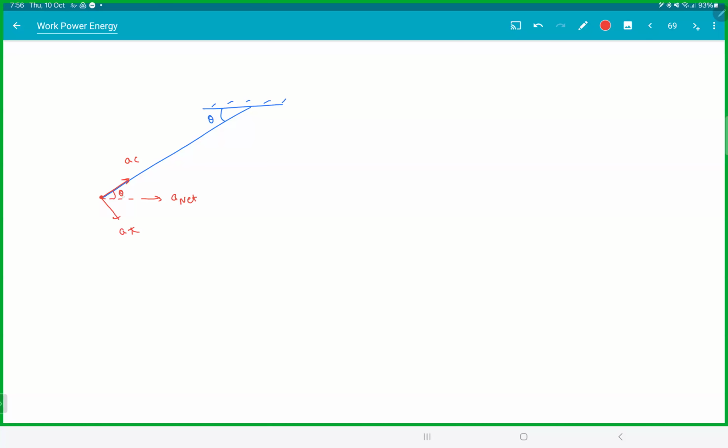That is theta, this is theta, and this is 90 minus theta. That means indirectly you're telling that in the vertical direction, the components are canceling out. A centripetal sine theta must cancel out A tangential cos theta. Since A net is horizontal, the vertical component must be 0.